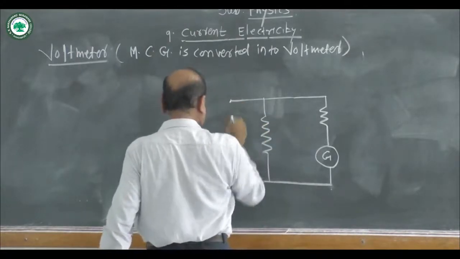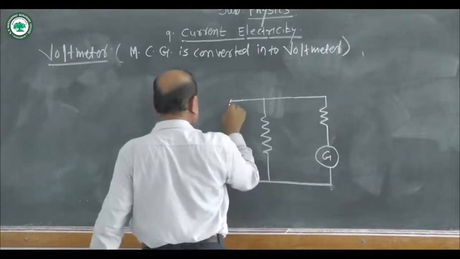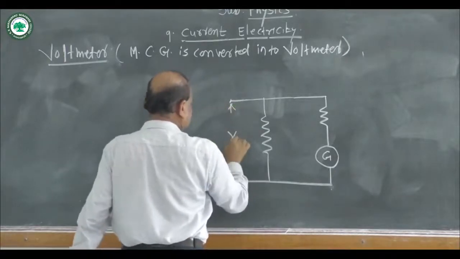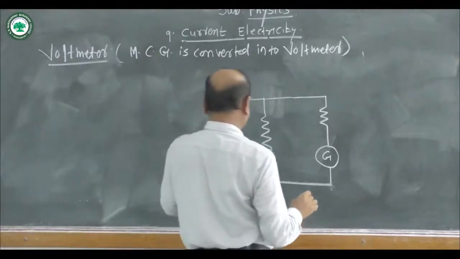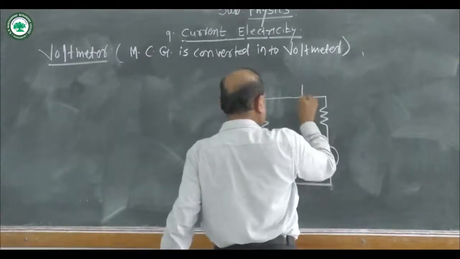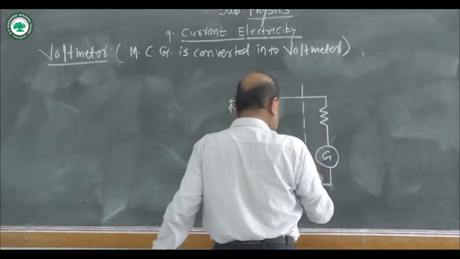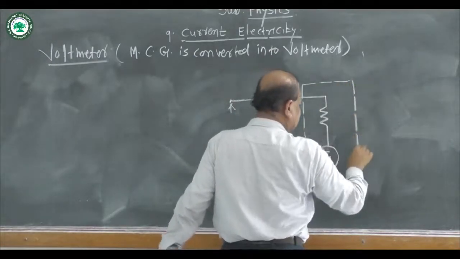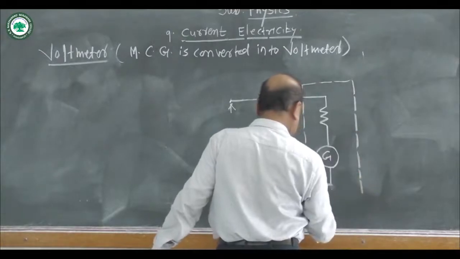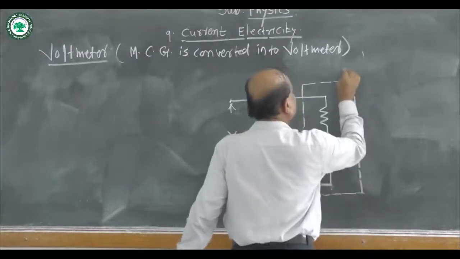We have to measure the potential across these two points, which is V. And this part is the voltmeter.